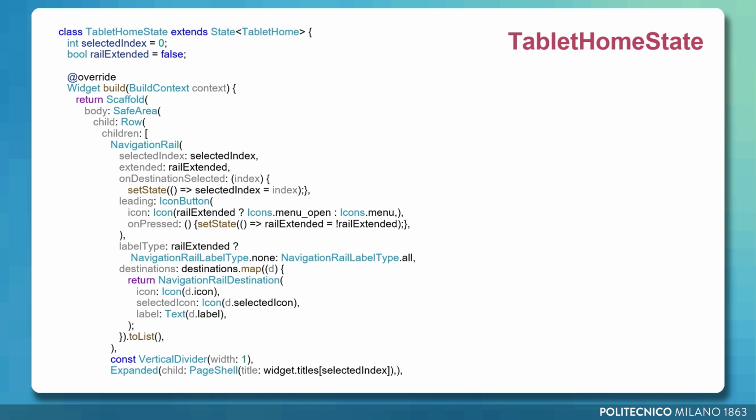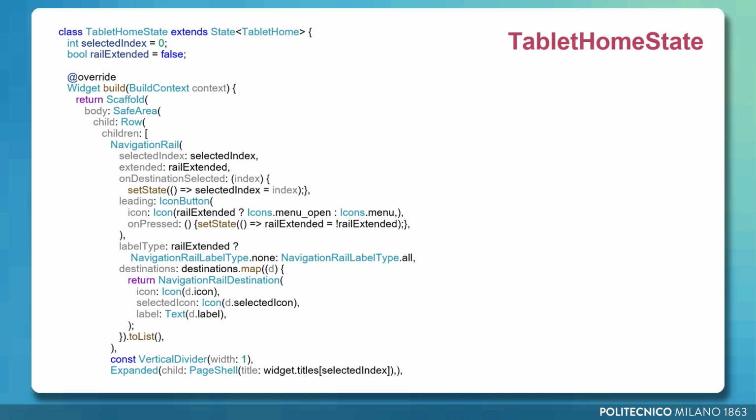First of all, we create the navigation rail. Here again we have several parameters: selectedIndex as before, extended to indicate whether the rail is open or not, and onDestinationSelected, which is basically the same as before, since inside setState we update selectedIndex.